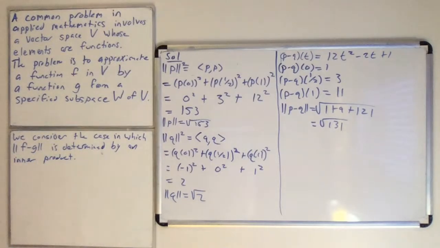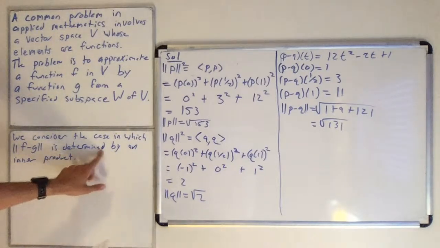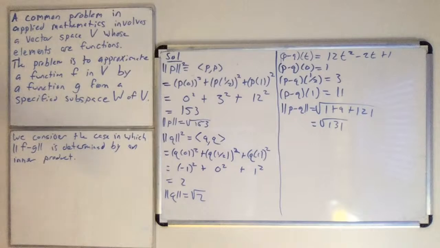In the case of the Taylor and Maclaurin series, it was determined by matching the derivatives: first derivative, second derivative, third derivative, all had to match at a certain value. Here we're going to say that it's determined by some inner product.